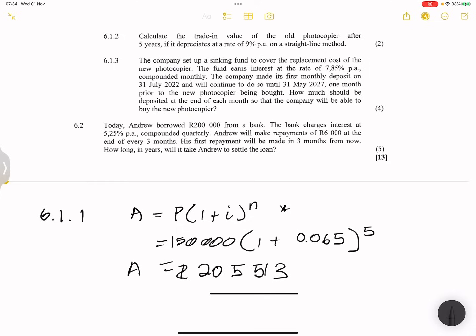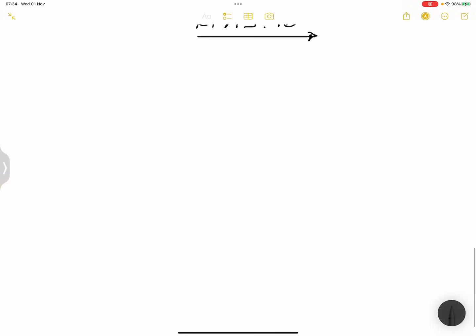Now please note, ladies and gents, all that we're doing here with Andrew is exactly the same principle of taking a loan. The only difference is that instead of him paying on a monthly basis, he pays every 3 months.